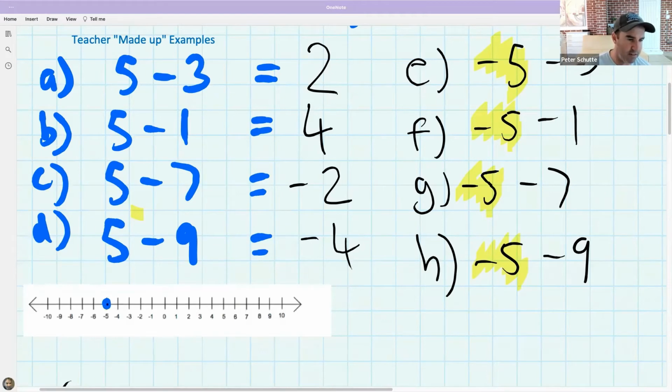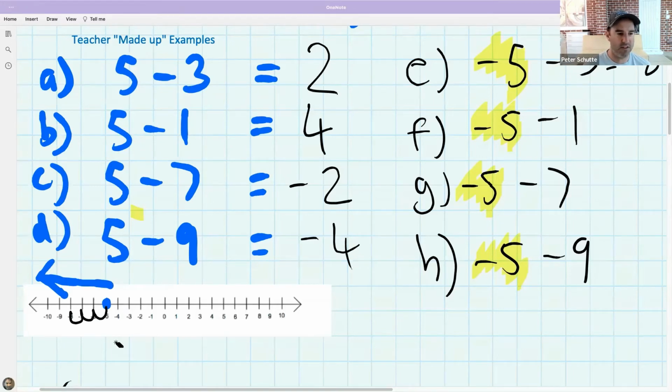So -5 is going to be where my big blue dot is. If I'm going to take away 3 from -5, that means I need to go 3 units to the left, right? Because when you take away, we're moving to the left on the number line. So if you imagine going 3 units, 1, 2, 3, you're going to get to -8.